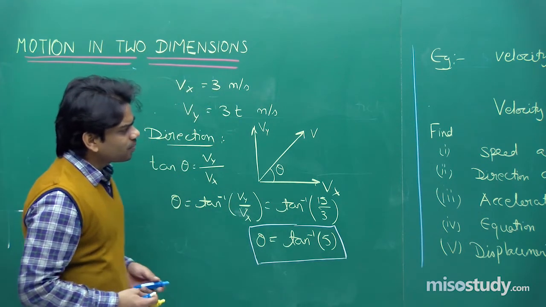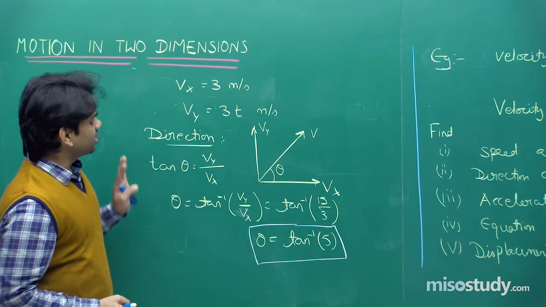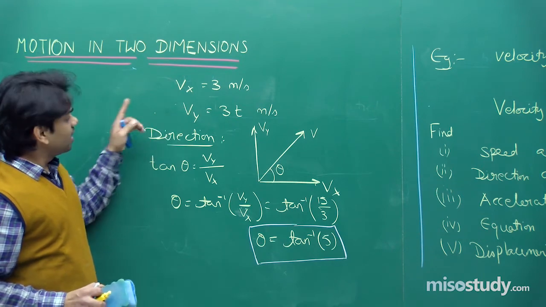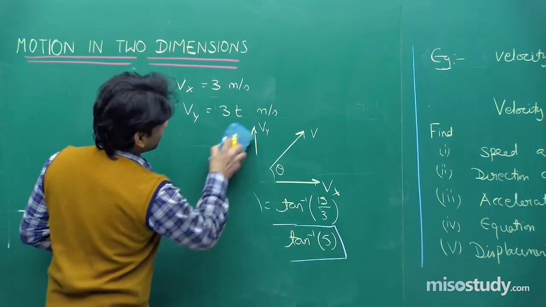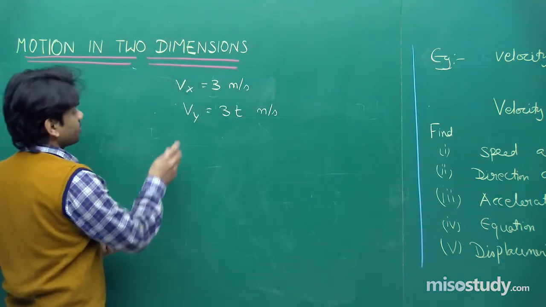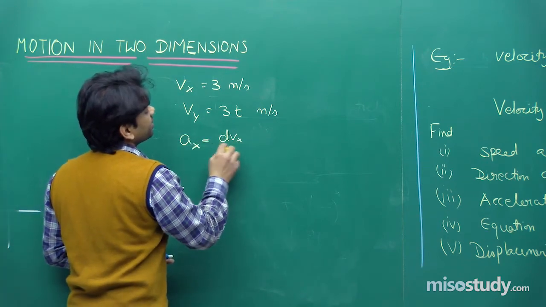Now let's come to the third part, that is acceleration at t equals 5 seconds. For acceleration, I'm keeping these two equations as they are and rubbing this part, hope you have noted down. Ax, just now I told you, will be dvx by dt.